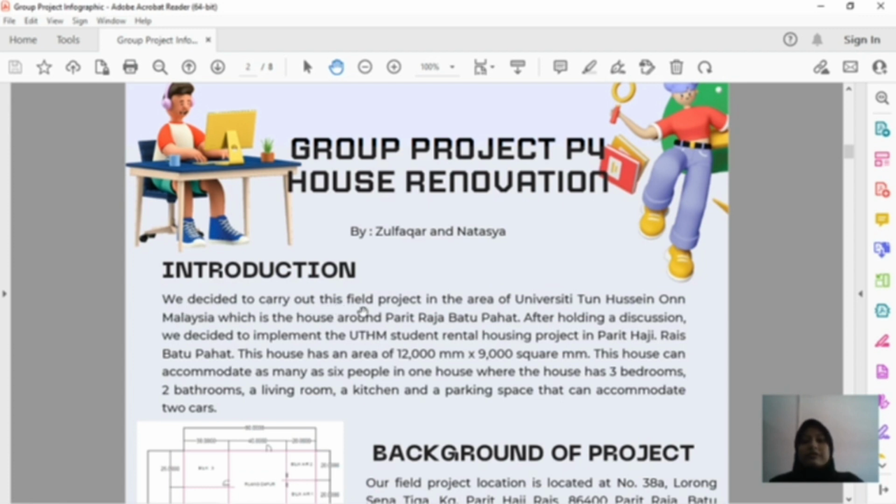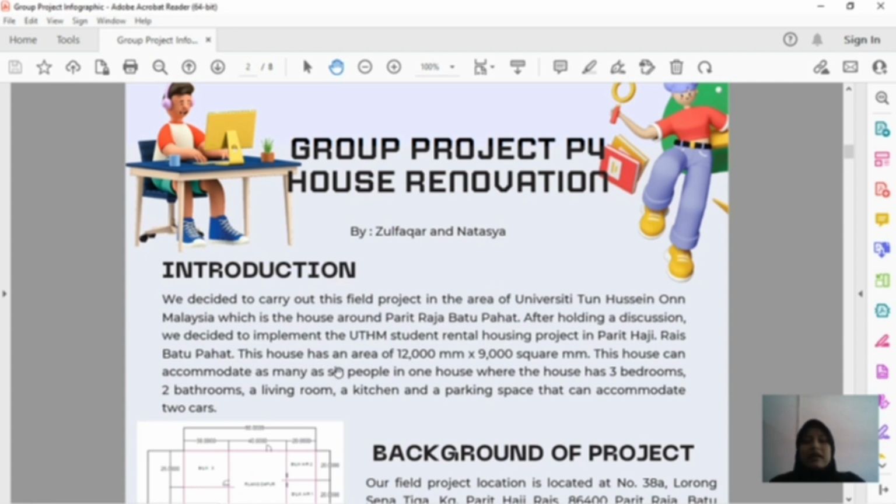So, for the introduction, we decide to carry out the field project in the area of University Tun Hussein Onn Malaysia, which is the house around Parit Raja Batu Pahat. After holding a discussion, we decide to implement the UTHM student rental housing project in Parit Haji Rais Batu Pahat.